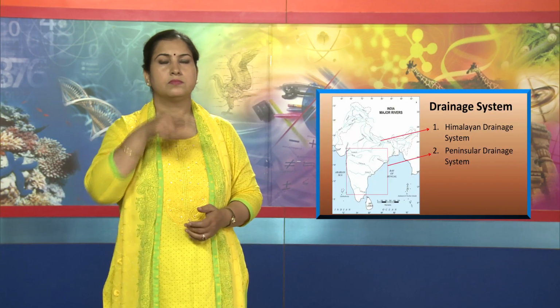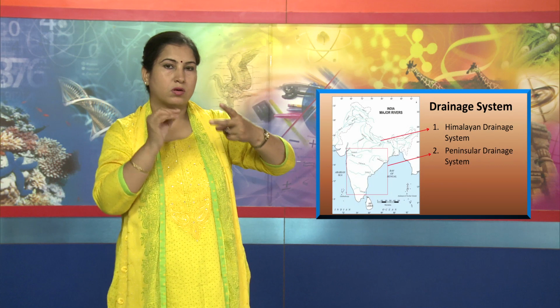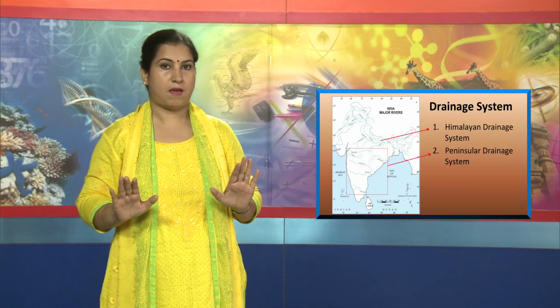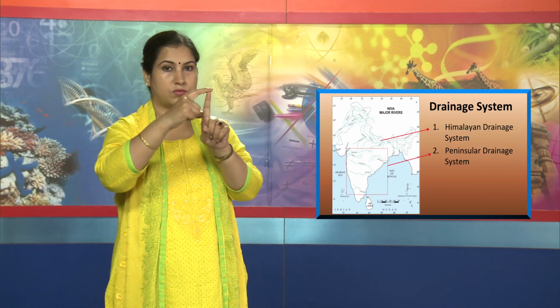There are two main river systems in India that have their own drainage systems.